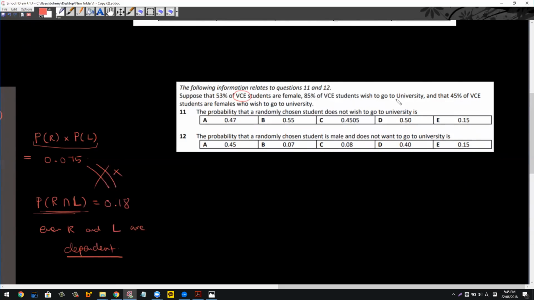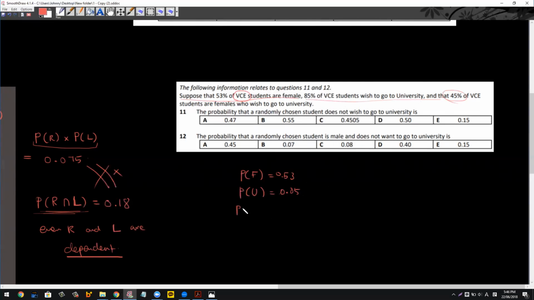And then 45% of the VCE students are female who wish to go to university. So we can write this one as the probability of female is 53%, so 0.53. And we can say probability of U, that's 85%, so that's 0.85.